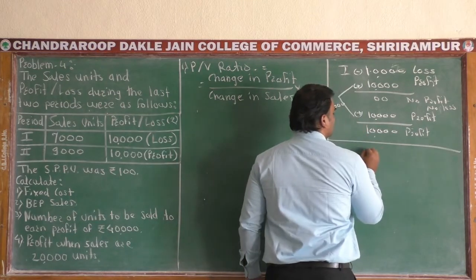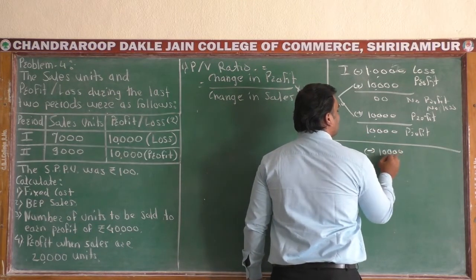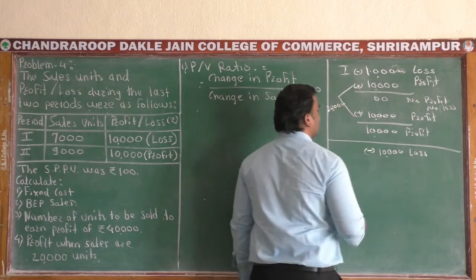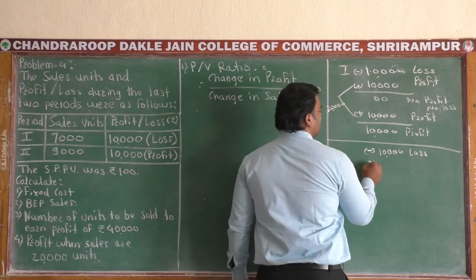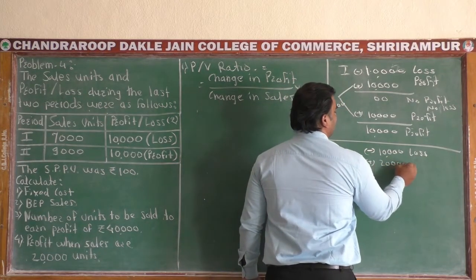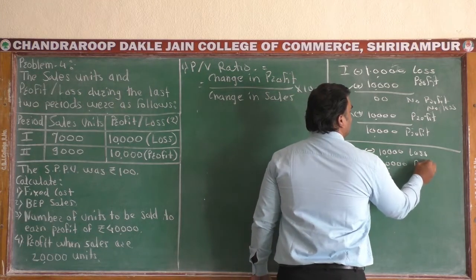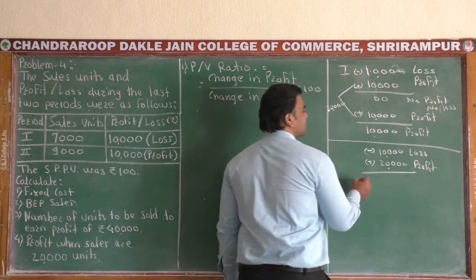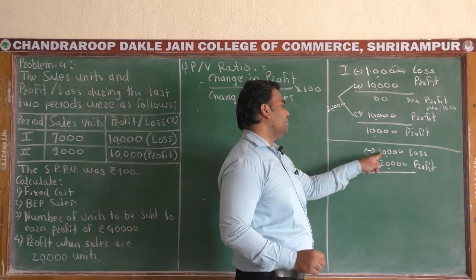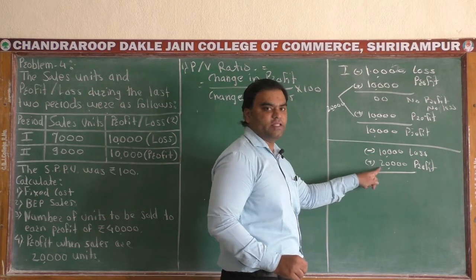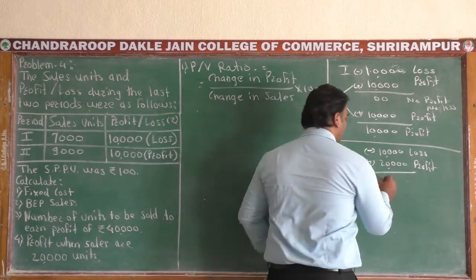the previous position was 10,000 loss. If you add amount rupees 20,000 of profit, then what is the position? Minus 10,000 plus 20,000 positive, that is profit.